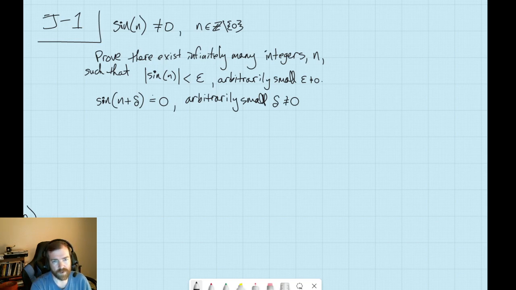This means that with our trigonometric knowledge, we can break down the sine of n plus delta into the sine of n times the cosine of delta plus the cosine of n times the sine of delta.